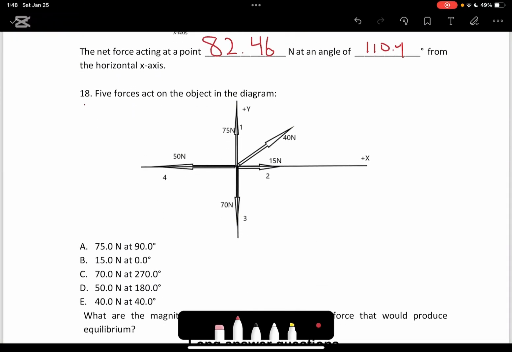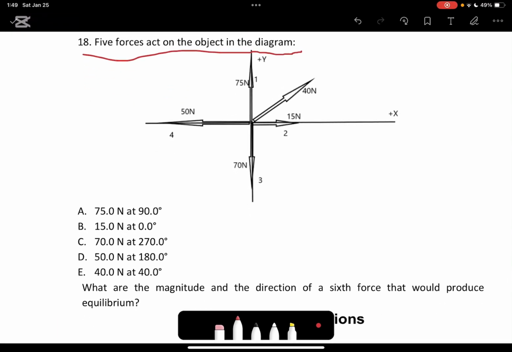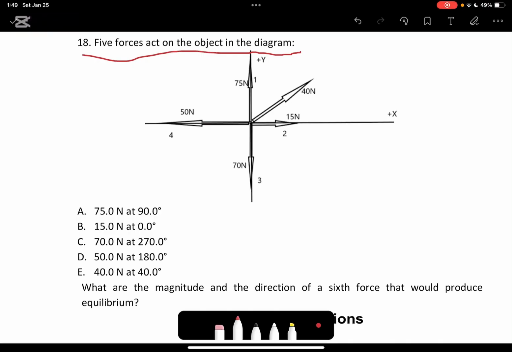Now, 5 forces are acting on the object in the diagram. You have to add up and just divide. If you want to find the 6th force, the 6th force required for equilibrium is 31 newtons.